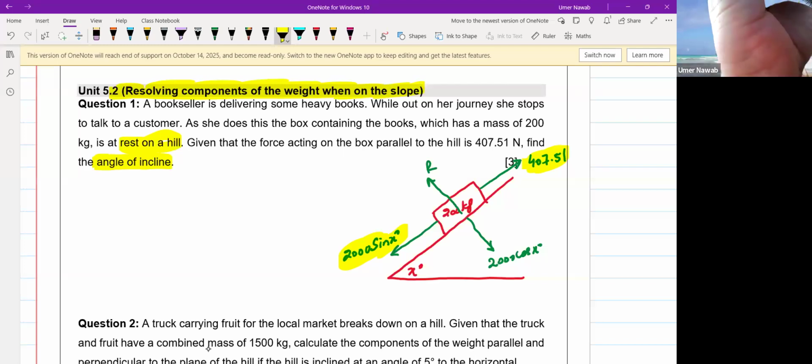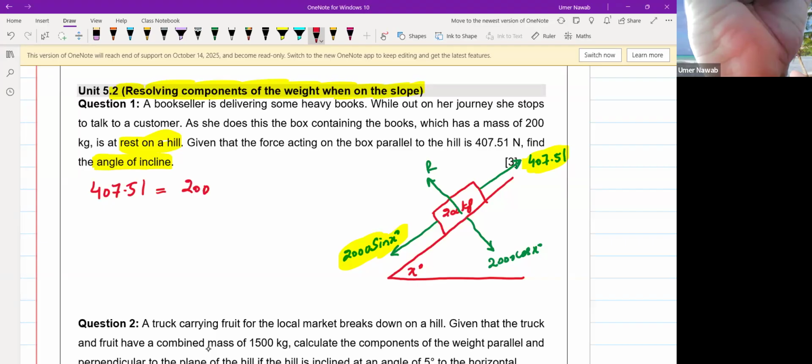She's applying upward force, and it should be balanced with 2000 sine of X.